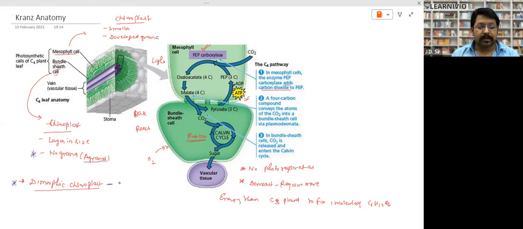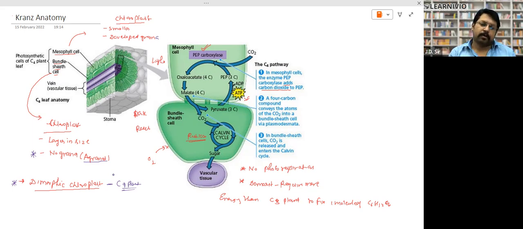Dimorphic chloroplasts are found where the Kranz anatomy is present, or in C4 plants, right? What are dimorphic chloroplasts? The chloroplast in the bundle sheath cell does not have grana, it is agranal, and the chloroplast in the mesophyll cell has grana, it is granal. So there are two types of chloroplast, that is called dimorphic chloroplast.